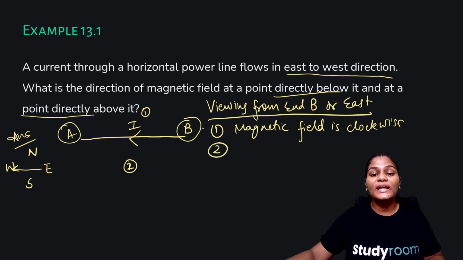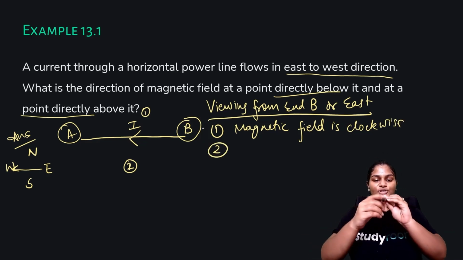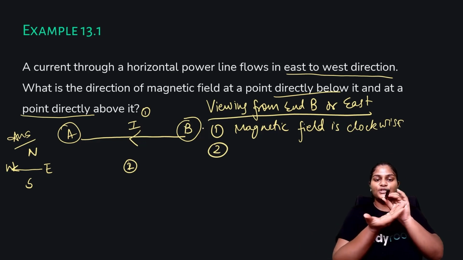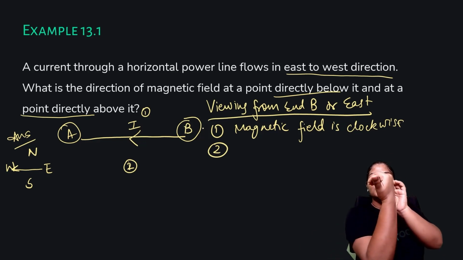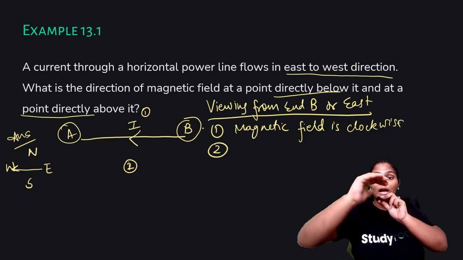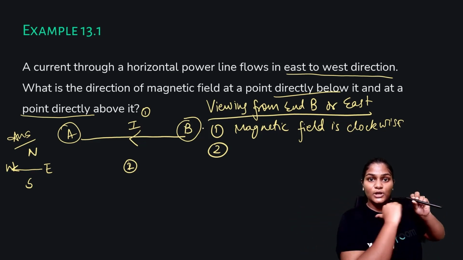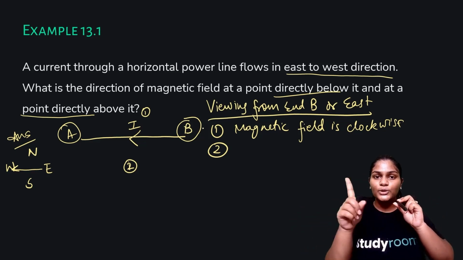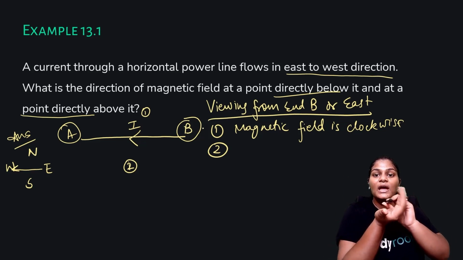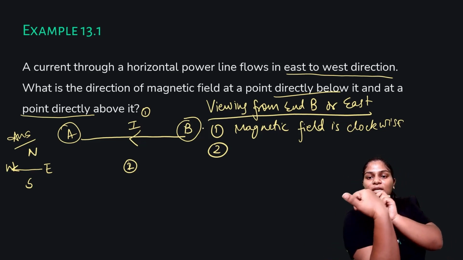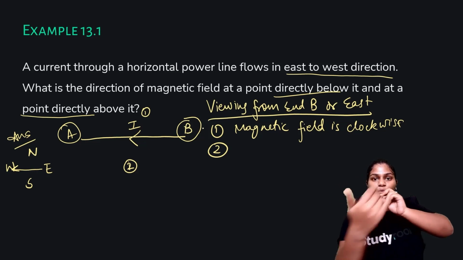Now at a point directly below it, again I imagine this is my current flowing direction. Obviously my thumb is in this direction and I want to see below it. I can't do this because the current is not coming towards B. It is going away from it. But if my fingers keep curling like this and they go below, what would their direction be?